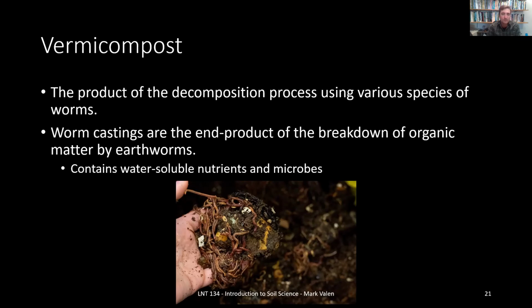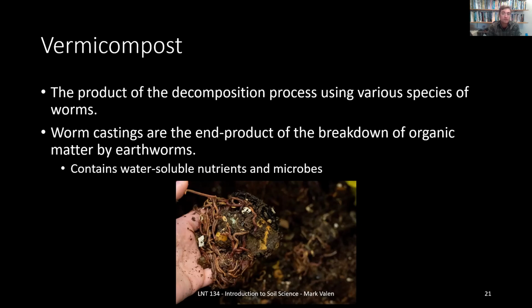The worms consume the material, they consume the bacteria on the material, it passes through their body, and what's left behind is a casting, worm casting. That's the manure of the worm, and it's the end product of the breakdown of organic matter by earthworms. It contains very rich diversity of microbes and lots of water-soluble nutrients.